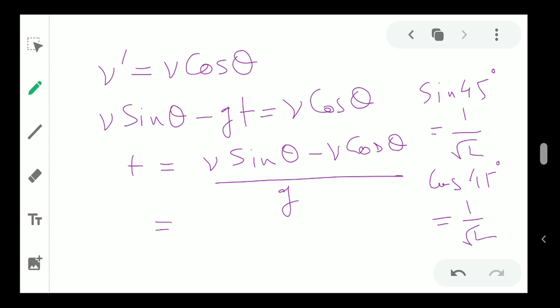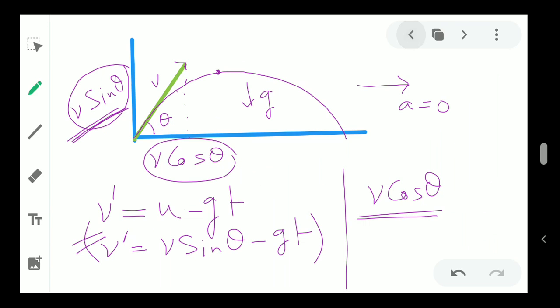So you will get this minus this, so ultimately you will get a 0. So you can see that this is a very difficult situation. Why? Because t equal to 0 means at the initial point.